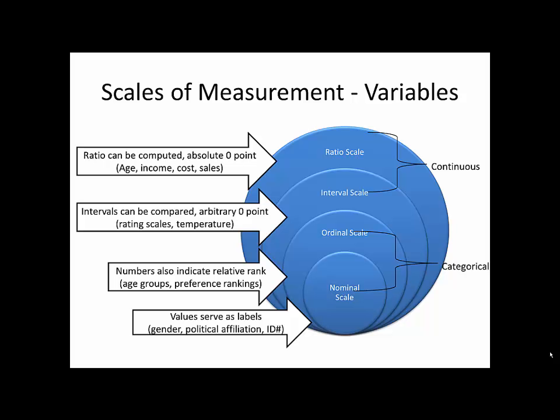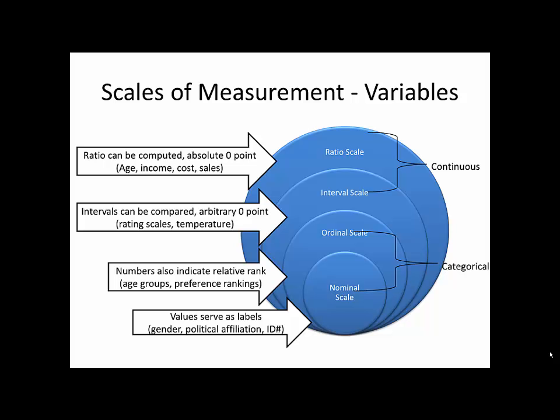So the ordinal and nominal scales are considered categorical. So any variables that have ordinal or nominal scales are considered categorical variables. All right, and any variables that have ratio or interval scales are considered continuous variables.